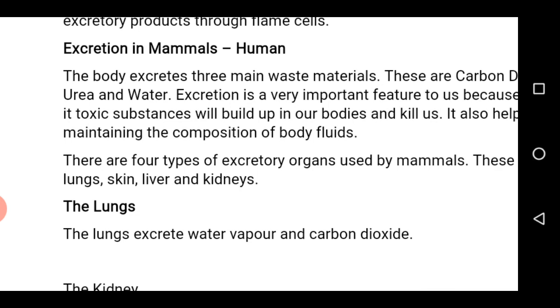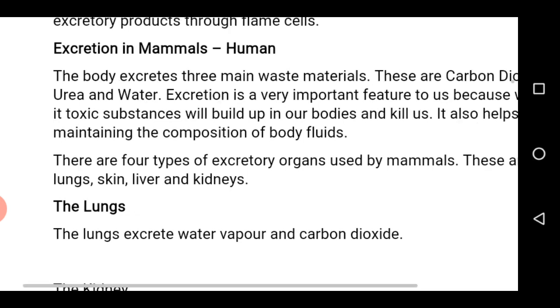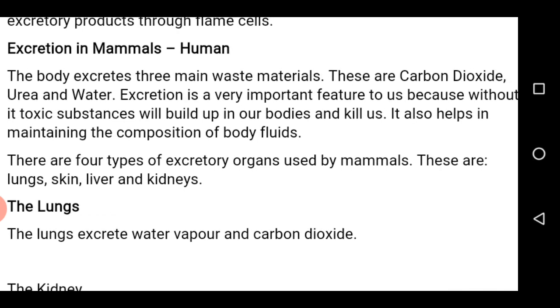Now, don't forget that we mentioned that excretion is very important because the waste materials produced by the body during metabolic activity are toxic to the body. Therefore, they have to be removed. I mentioned some other reasons why excretion is very important then.